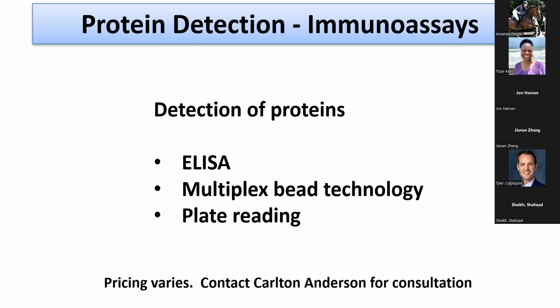The prices vary for this, and if you want us to do any of these technologies, you can contact Carlton Anderson for a consultation on experimental design and pricing. Again, all of this is on the webpage. You can go to the link for immunoassays and click on that, and all of these technologies will come up.